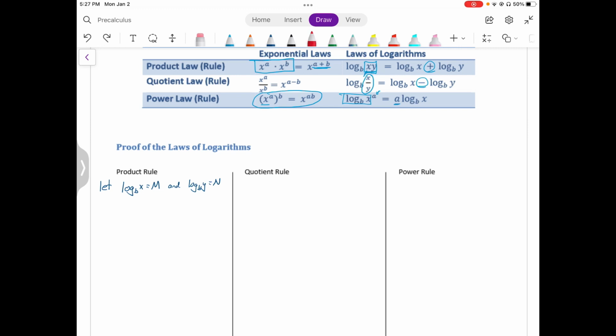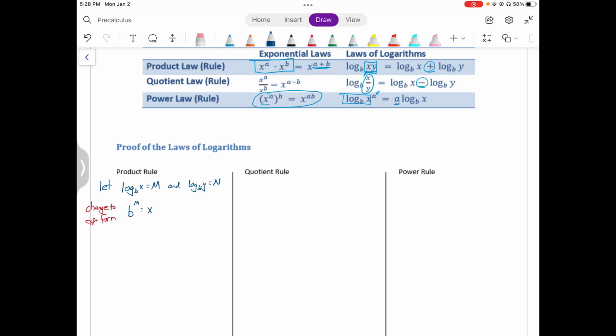So let's do that. We're going to change to exponential form. If we change this to exponential form, we get b, the base, to the m is equal to x.